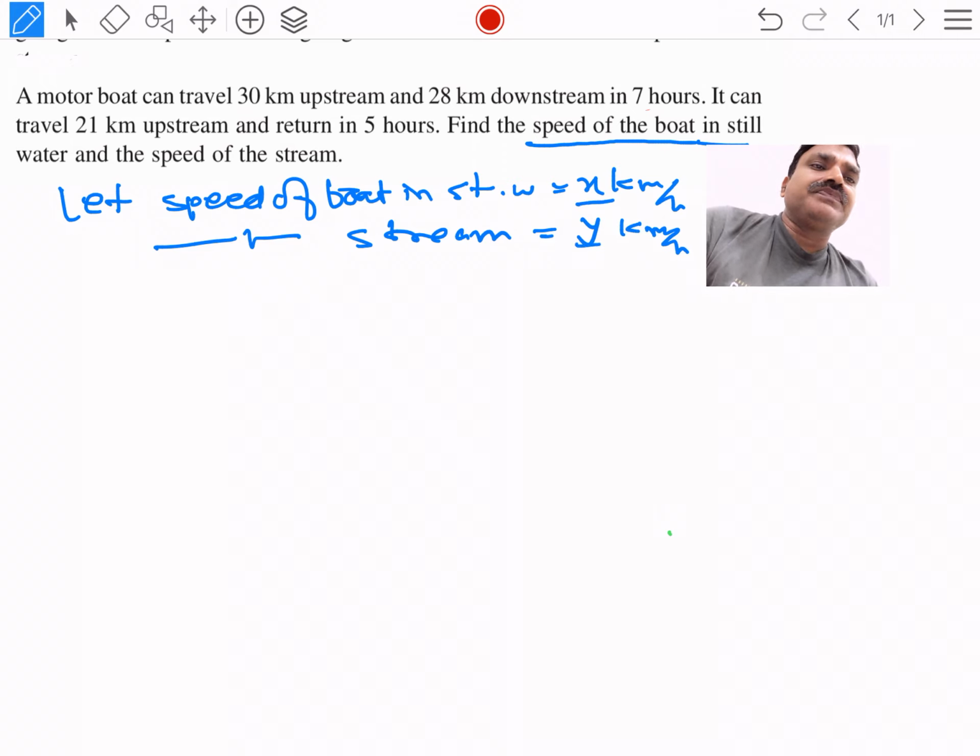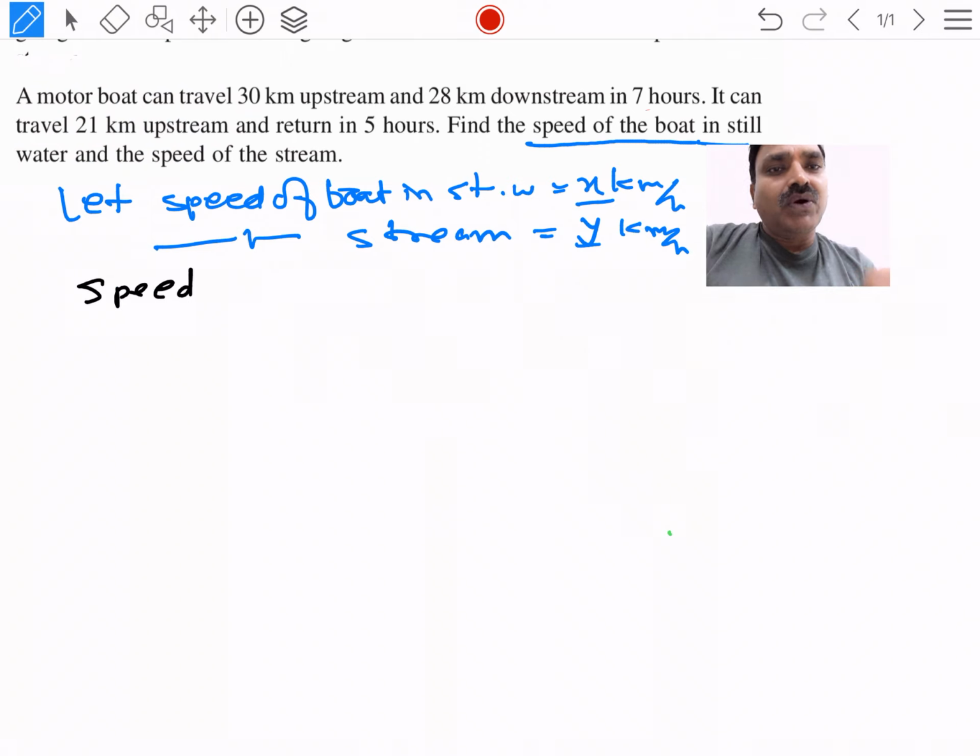But in this type of question, besides the speed of the boat in still water and the speed of the stream, the boat travels in a stream. With a stream, there will be two cases, upstream and downstream. So first we have to write the speed of the boat in upstream.